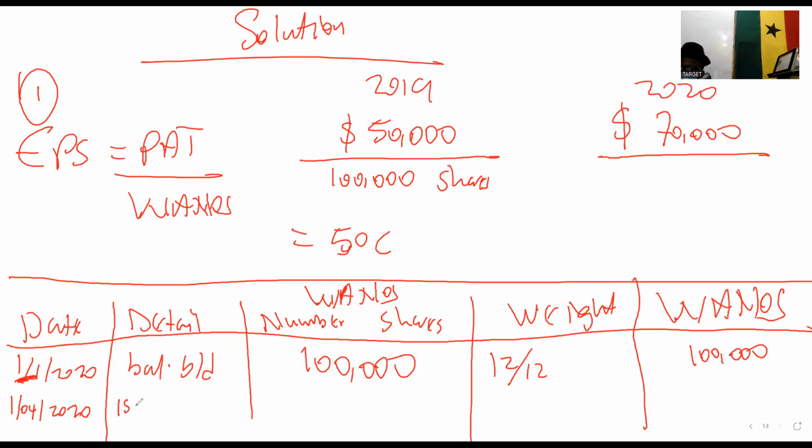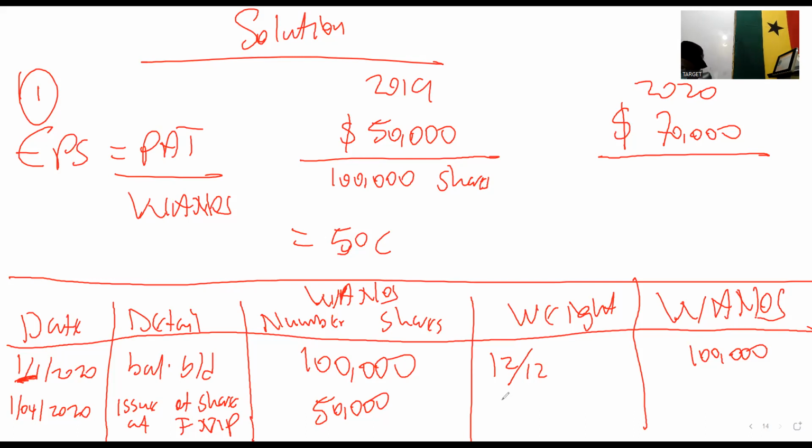Third examiner: issue of shares at what? Full market price. How many shares came in? 50,000 shares. From 1st April up to the year end, how many months will the shares contribute to profit? 9 months, from April to December.